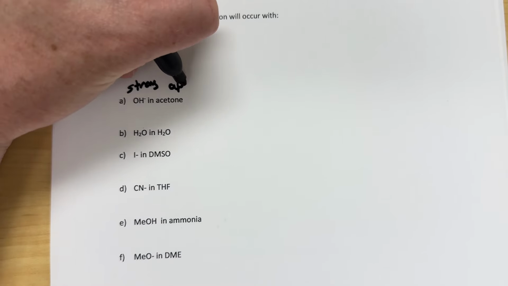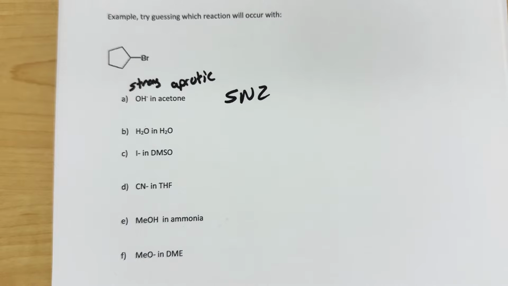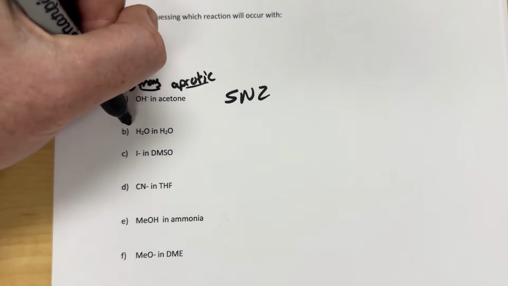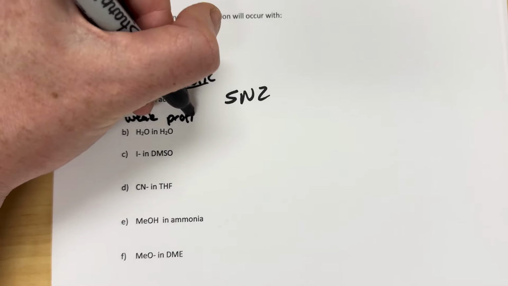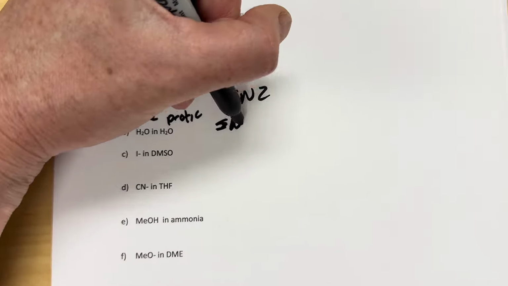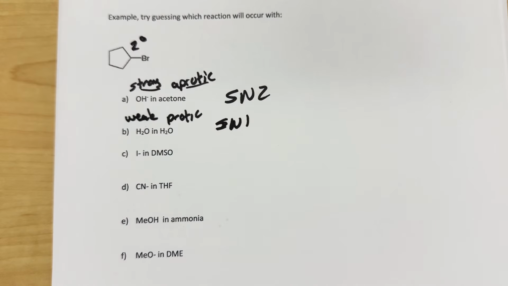This is aprotic, as we should expect, so this is SN2. So the strong and aprotic will go together. This is weak. This is protic, because it's got hydrogen bonding. This would occur via SN1. Again, we're only talking about secondary stuff, just in case I haven't put a stamp on it enough.